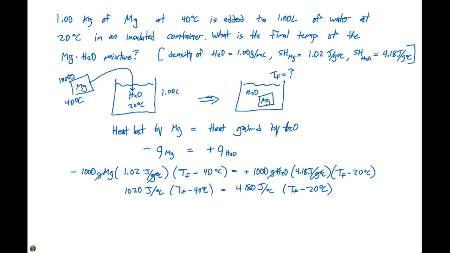If we rearrange each of these, we can say that 1020 joules per degree Celsius times TF minus 40,800 joules is going to equal 4,180 joules per degree Celsius times TF minus 83,600 joules.